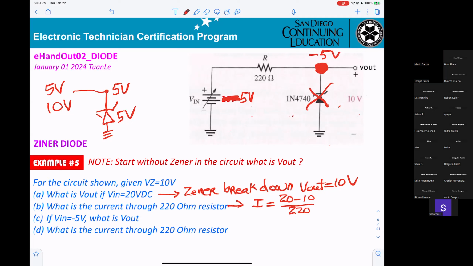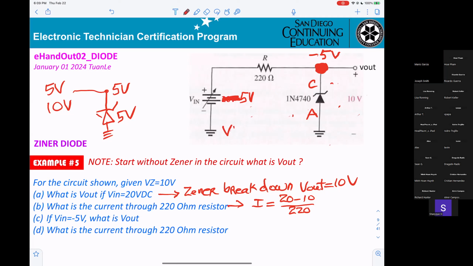And you know, there will be R naught here, and the other side will be the cathode.